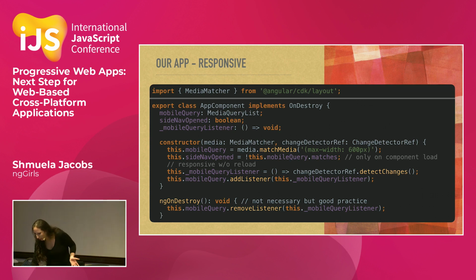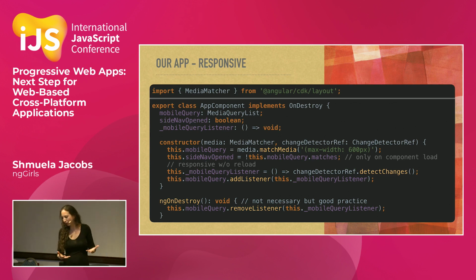So Media Matcher, this is a service that you inject in the constructor, and then you ask to match some type. You pass it a query of the media that you're looking for.